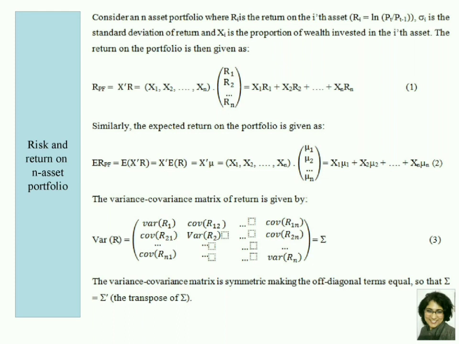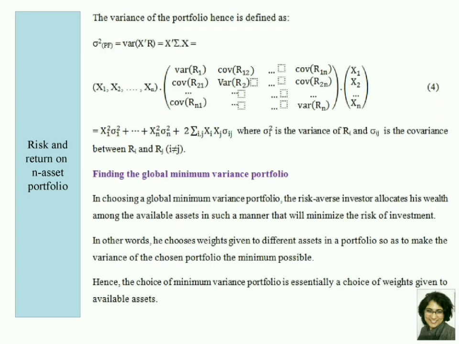Similarly, we can find out the variance of the portfolio, which is X transpose sigma X, where X transpose is the given matrix x1, x2, xn, the row matrix. Sigma is the variance covariance matrix and X is our weight matrix in the column form.